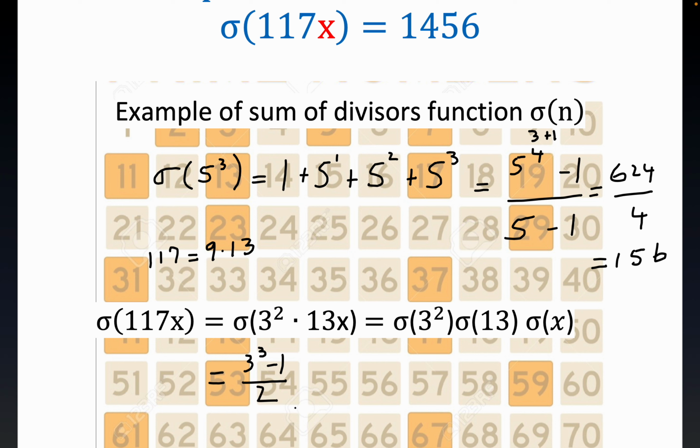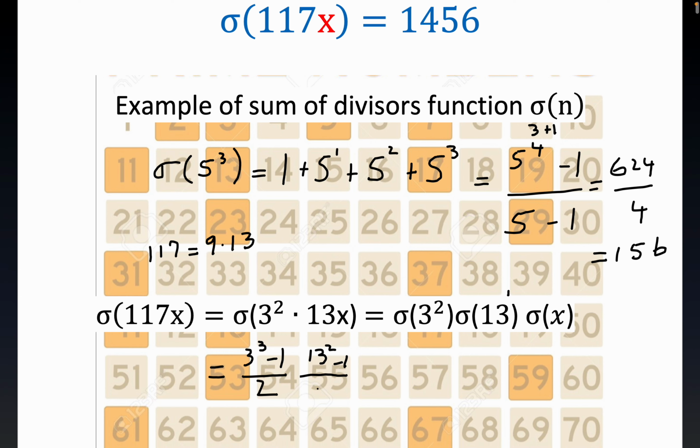Now, for 13, this is 13 to the first power, right? So we would have 13 squared minus 1 over 13 minus 1, which is just 12, right?